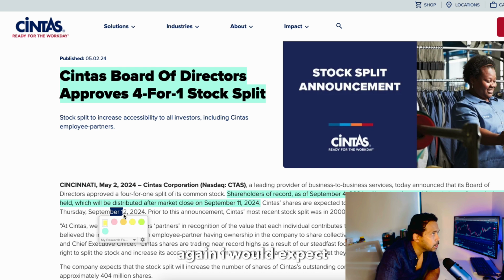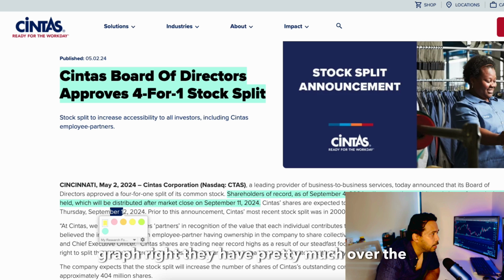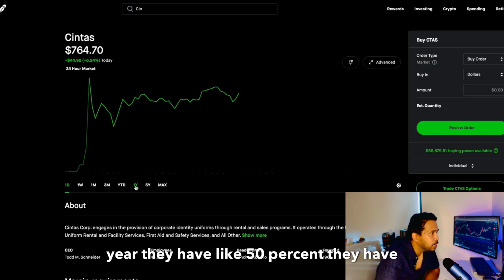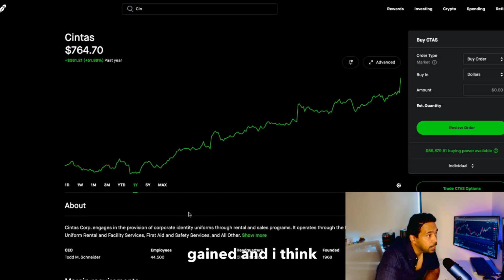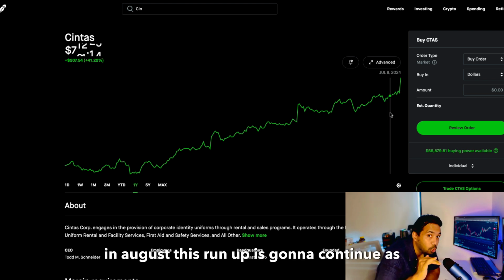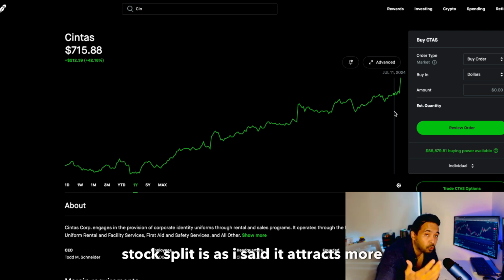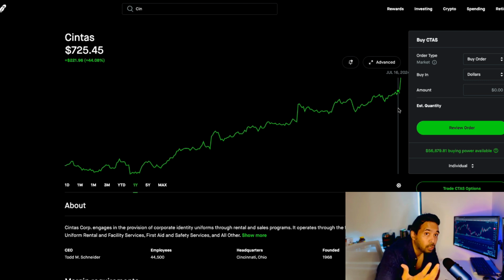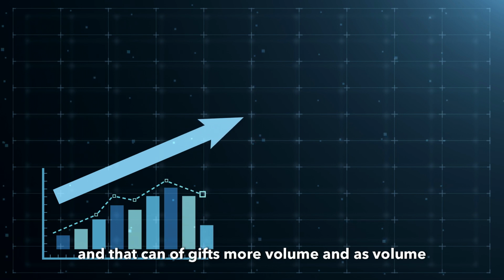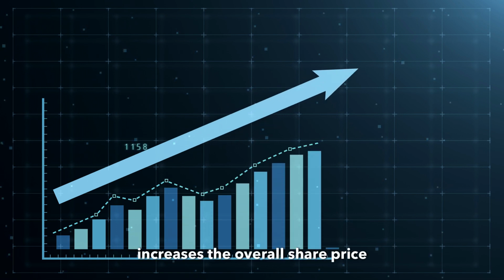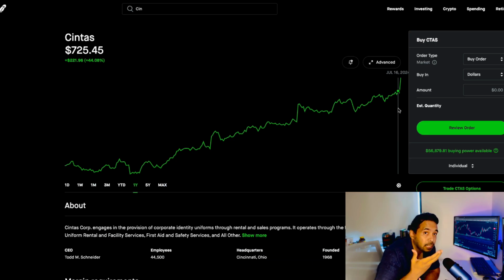Again, analysis wise, if you look at their graph, they have gained about 50% over the year. And I think this run up from August is going to continue as long as the market is in a bullish trend, because a stock split, as I said, attracts more low value investors into the equity, and that gives more volume, and as volume increases, the overall share price would increase.